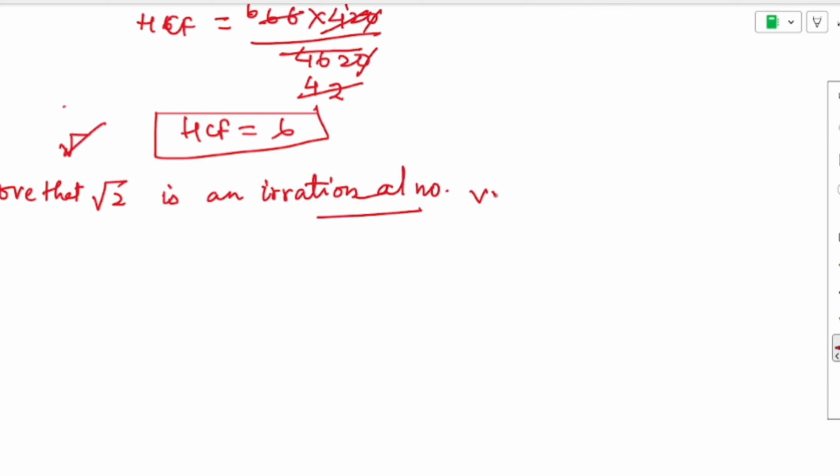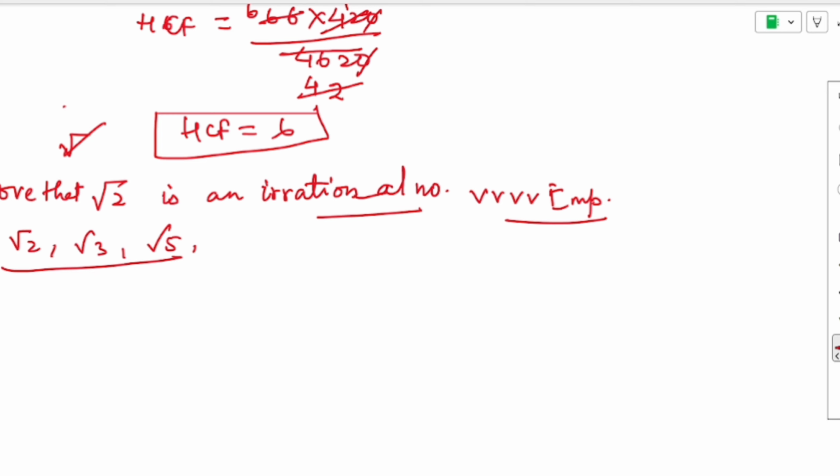This is the very important question. In our syllabus, root 2 is there, root 3 is there, and root 5 is there. So the process to prove all these numbers as irrational numbers is the same.